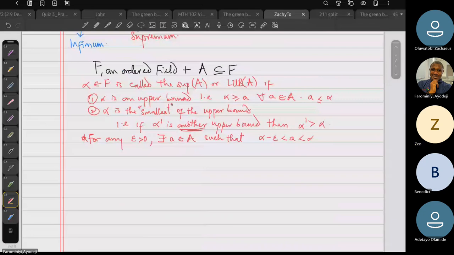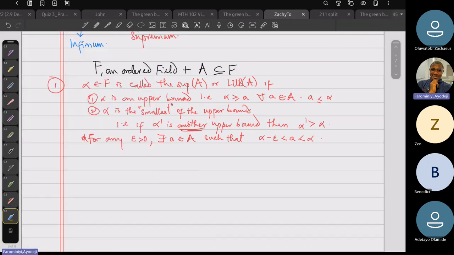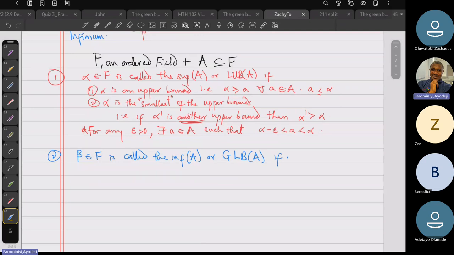Yes, sir. Good. So let's do the same thing for infimum. So this is one for supremum. For infimum, let me use beta. So beta in F is called the infimum of A, or the greatest of the lower bounds of A, if, again, it satisfies two properties.